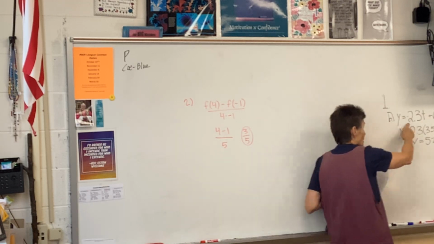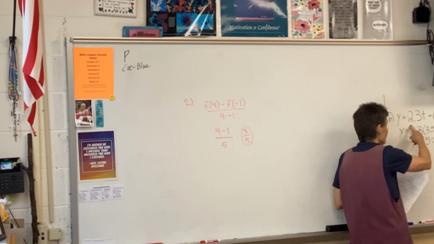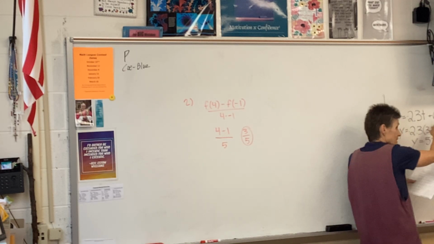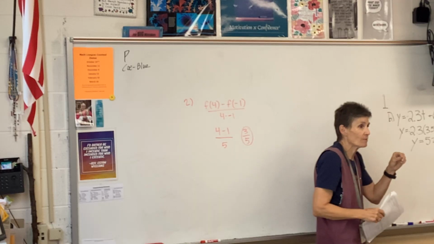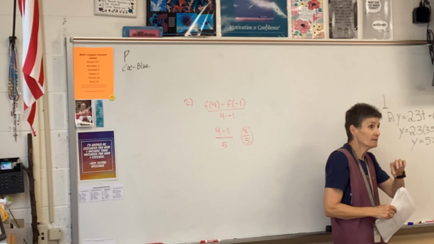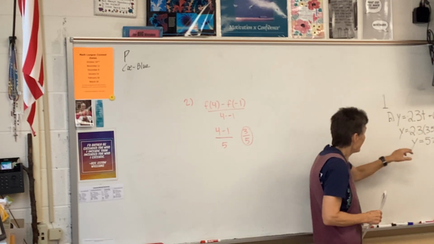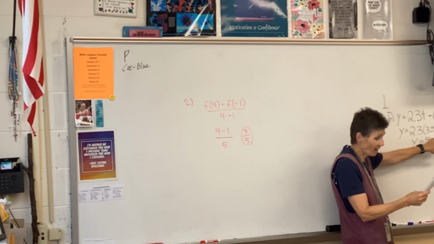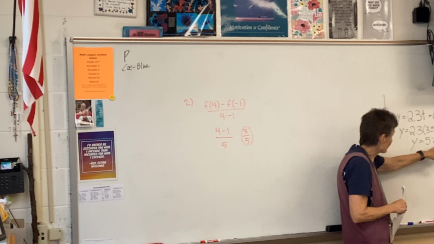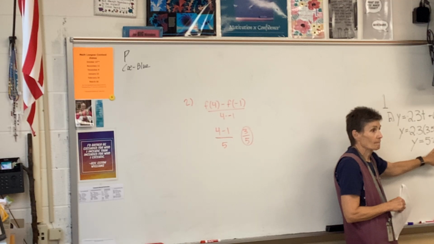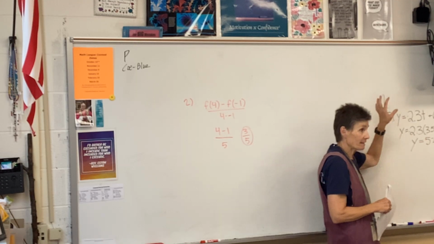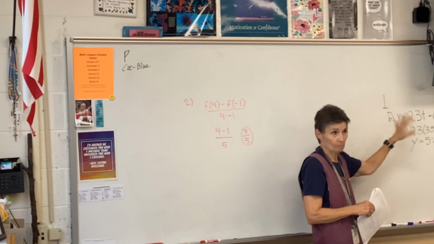So he said my slope is negative 2.3, my y-intercept is 66. How did he know that? 0, comma. So here's the equation of my line. I'm going to plug in 3.5, and I got this. Now, that is 100% true.